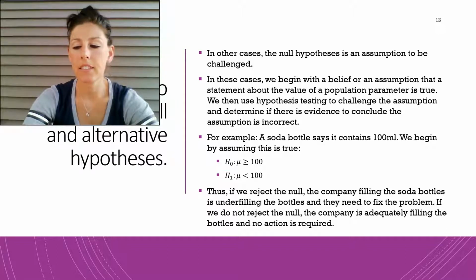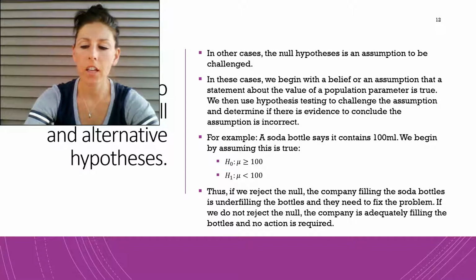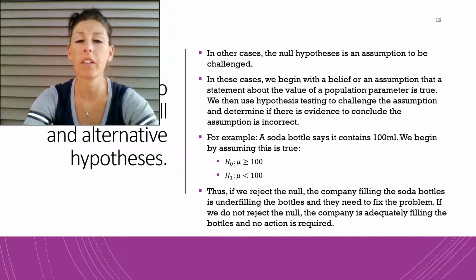And typically we want to find support that the null is true, because if we do, that basically means that our production process is working properly. In the other cases, typically we would like to find support that we can reject our null.